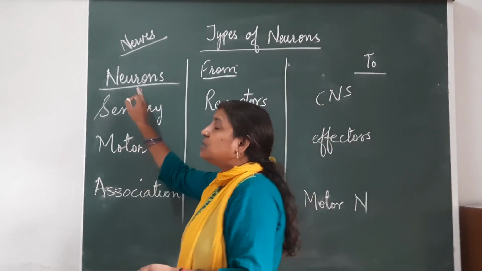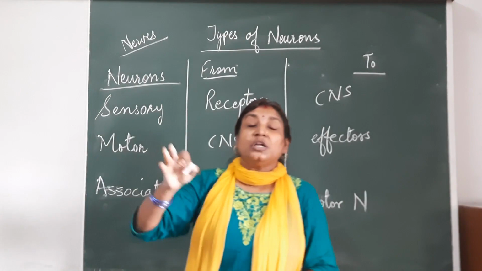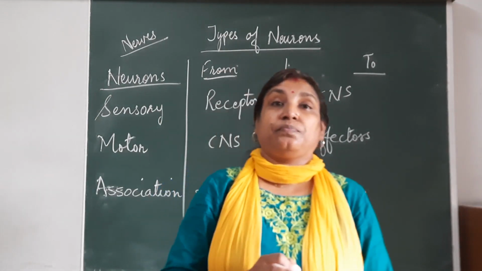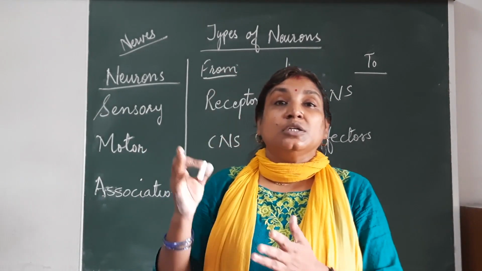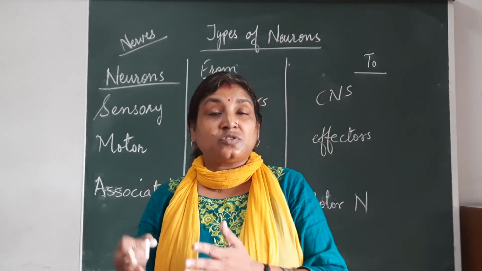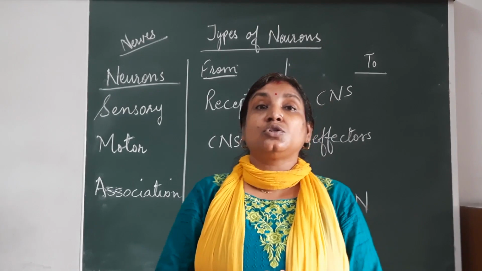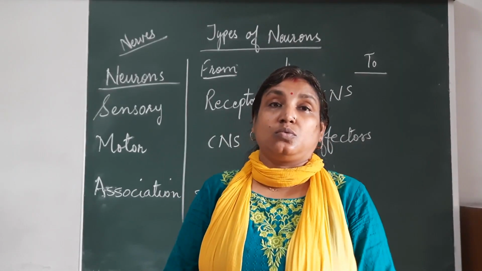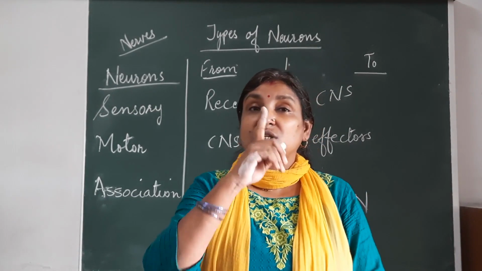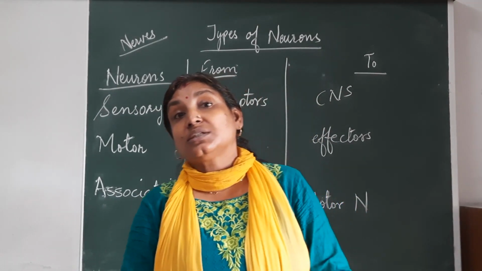A neuron is a single cell. Neuron is the largest cell of the body. It can be as long as 1 meter, especially the nerves arising from the spinal cord, that is the nerve running from waist to toe, which is a single nerve cell and the largest in your body.